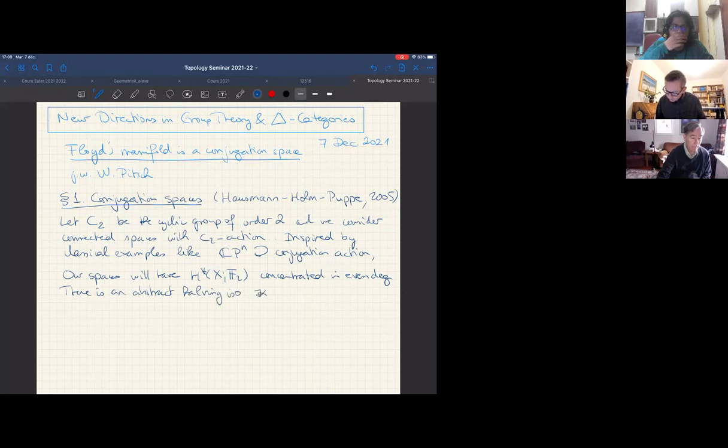And this they call kappa. So from the cohomology of this space with the C2 action to the cohomology of the fixed points. And we ask that it's an isomorphism, but just of graded vector spaces. There is no structure involved here.